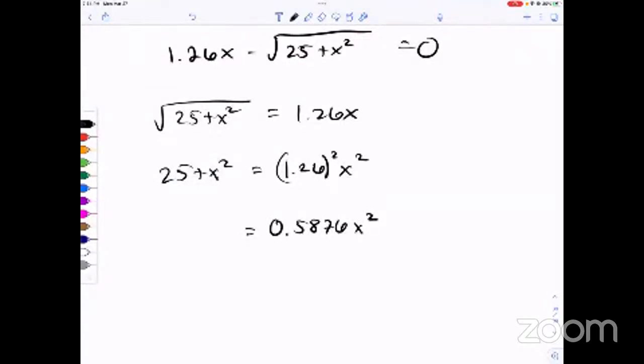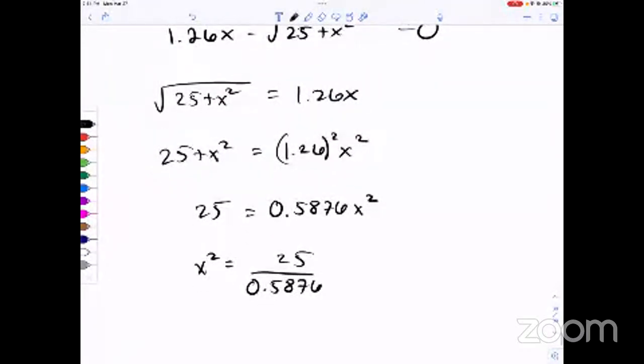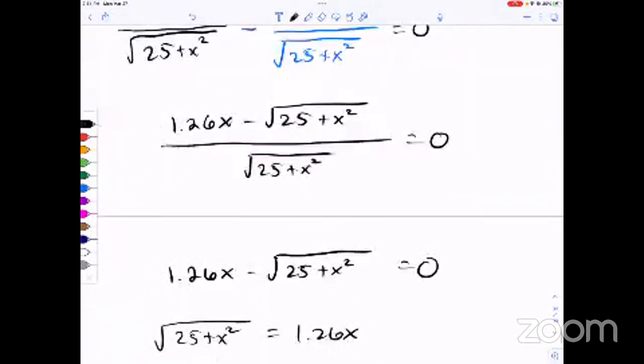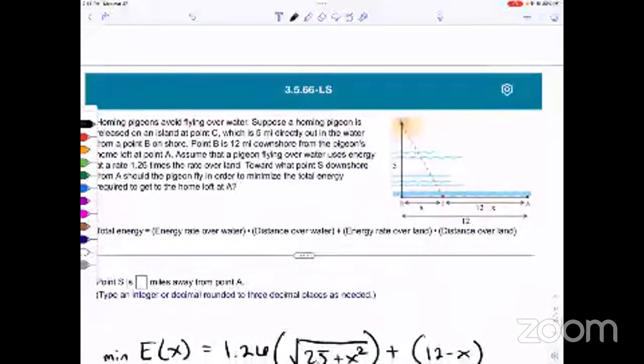Equals 25, okay? So then x squared equals... and if we take the square root, again, normally we would do plus or minus, but x being a distance, it doesn't make sense to have a negative in this context.